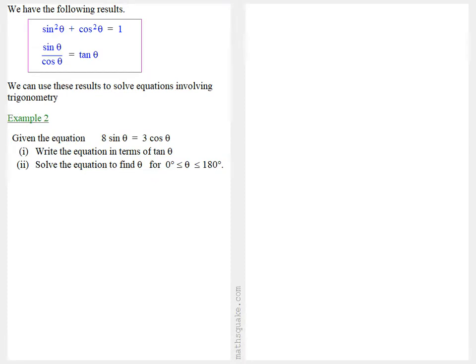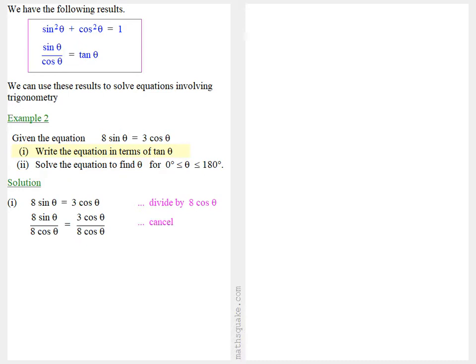So let's look at another example. Given the equation 8 sine theta equals 3 cos theta, write the equation in terms of tan theta and then solve the equation to find theta for theta lying between 0 and 180 degrees. Well, to solve this, we start with 8 sine theta equals 3 cos theta, and we divide both sides by 8 cos theta.